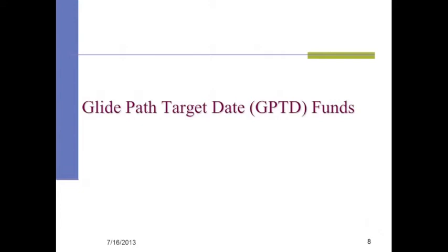But where they start, where they end up, how rapidly they transition is different among the many different plans. And what the active asset is also different. But how can we get a handle on exactly what these plans are really doing for people?